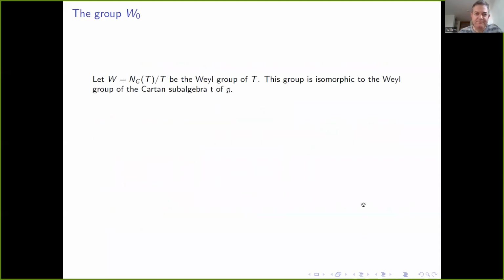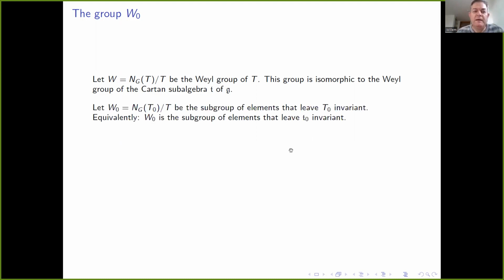Okay. Then we consider a group W0, which is a subgroup of the Weyl group. So we take the normalizer in G of this maximal torus T modulo T. That's the Weyl group. So that's some very standard construction. And it's canonically isomorphic to the Weyl group of the root system corresponding to the Cartan subalgebra t.